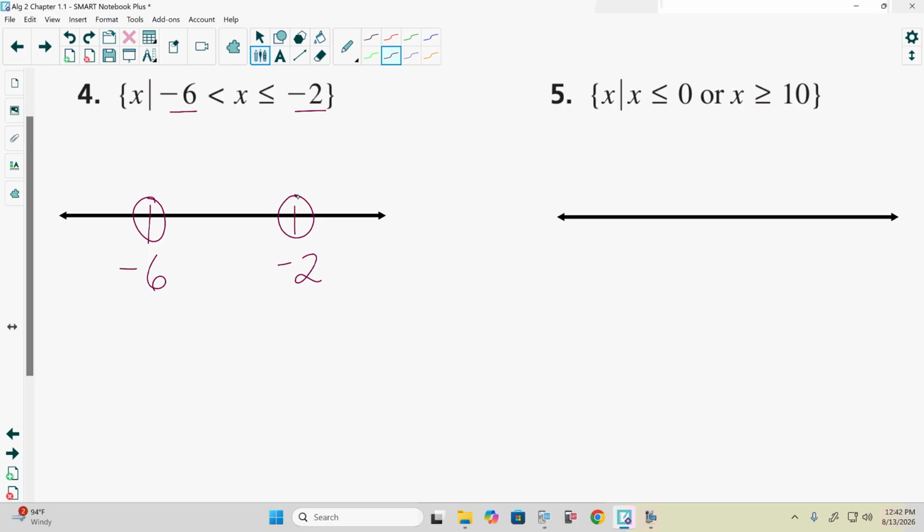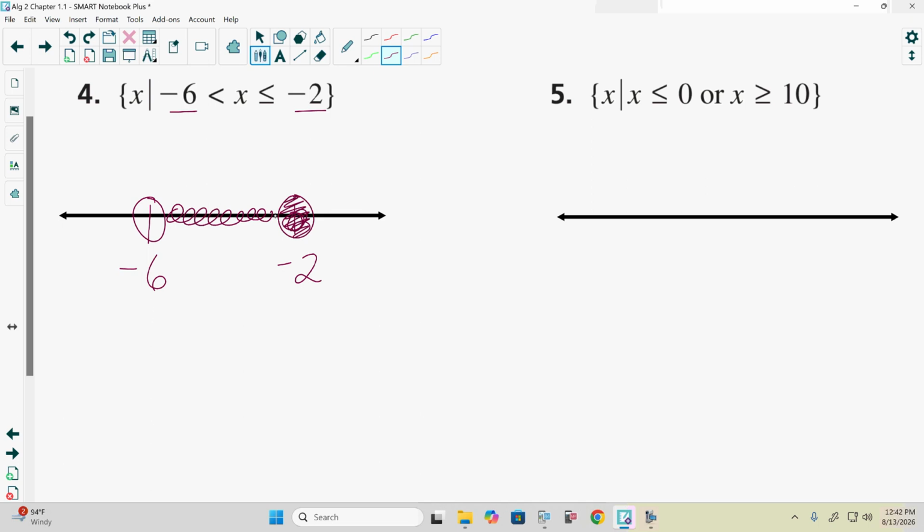Negative 6, is it opened or closed? Open, not equal to it. Negative 2, is it opened or closed? Closed. X is in the middle. So we shade in the middle. That's it.